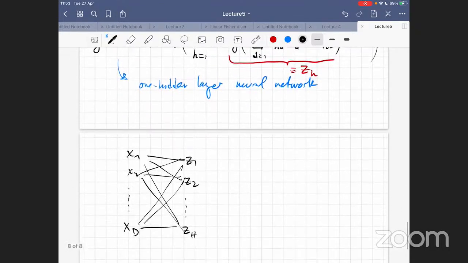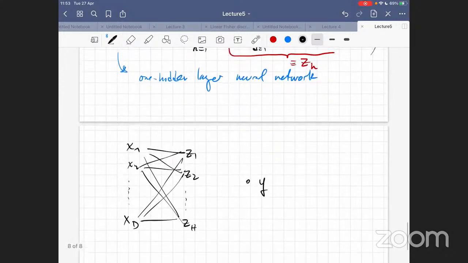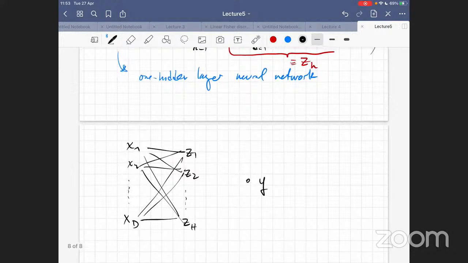And now from z, I go to the output y here. So what is the connection here?